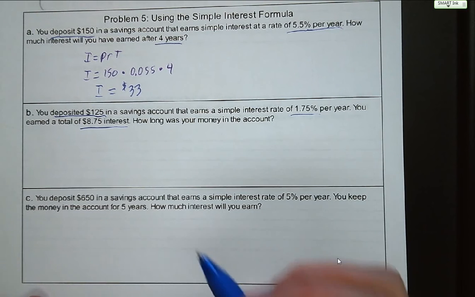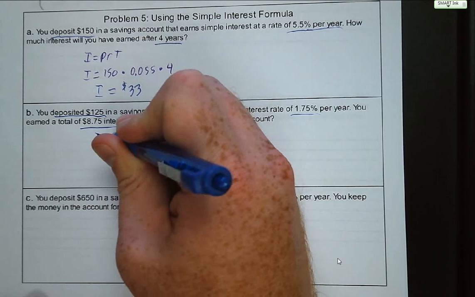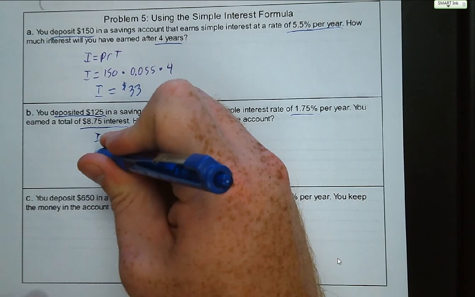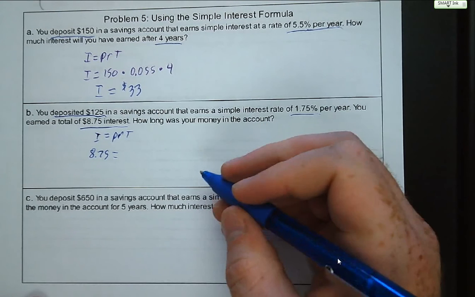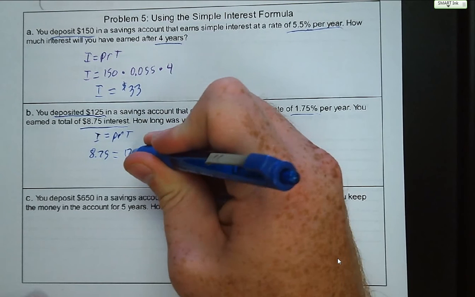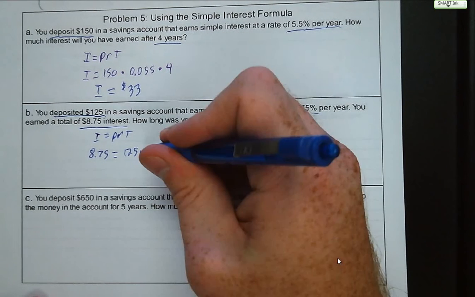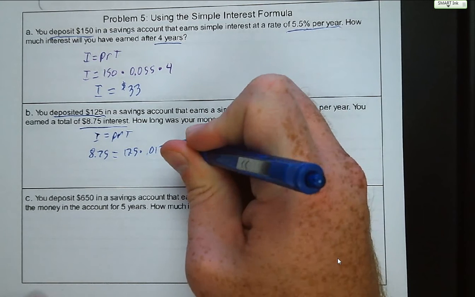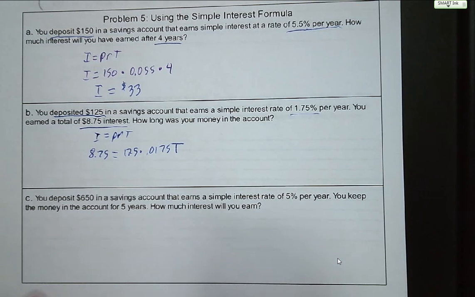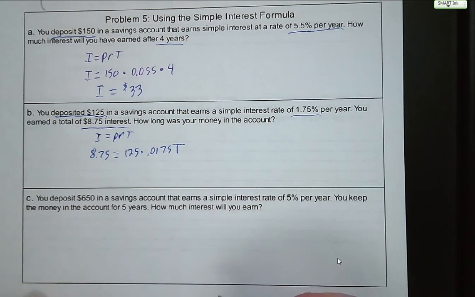So again, we'll just start with our equation. I equals PRT, where our interest is $8.75, equal to our principal, $125, times our rate, 0.0175, times time, and we don't know what time is. So the first step we need to do is multiply 125 and 0.0175.